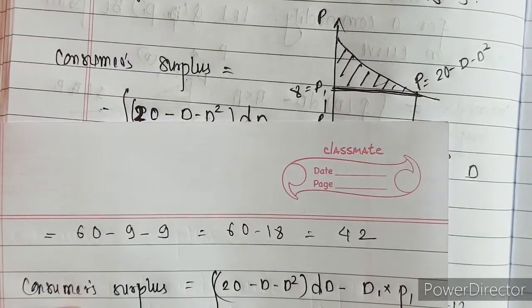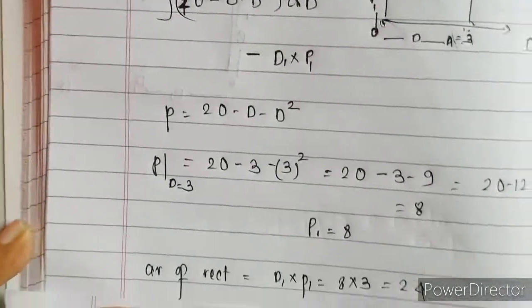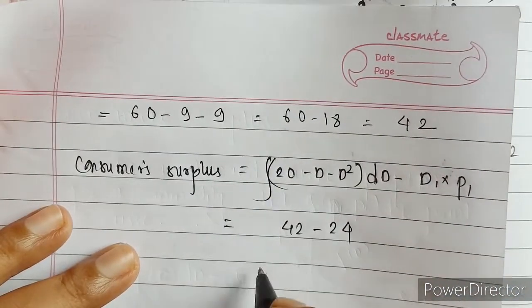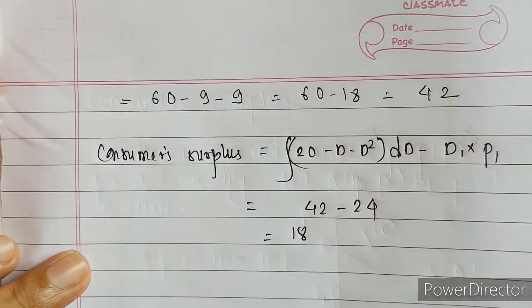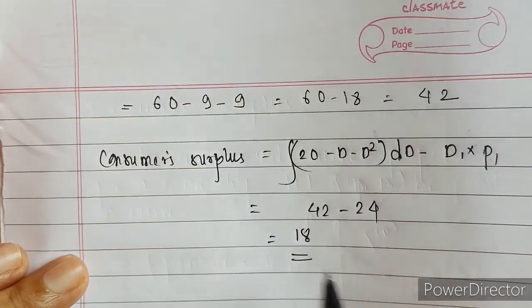So this is 42 minus 24, which equals 18. So the consumer surplus when demand is 3 is nothing but 18.